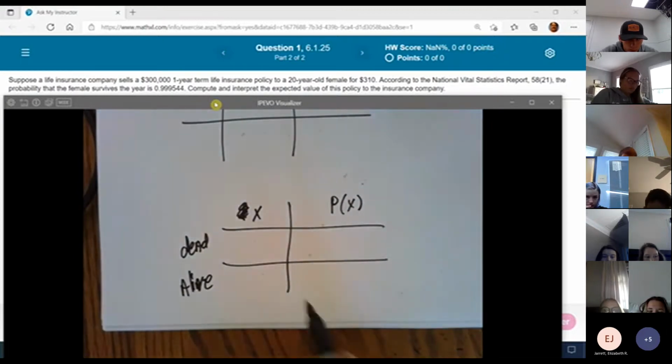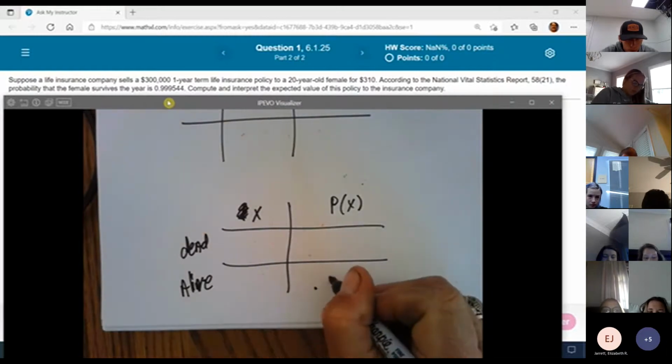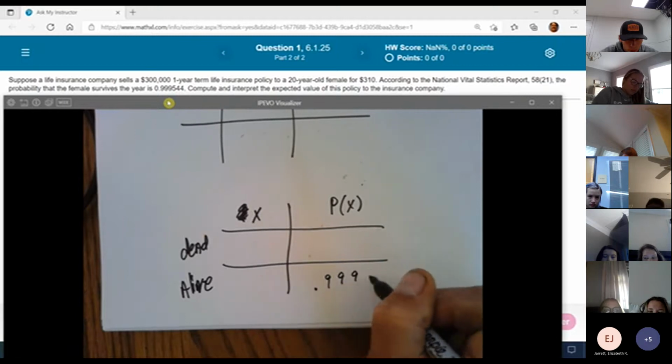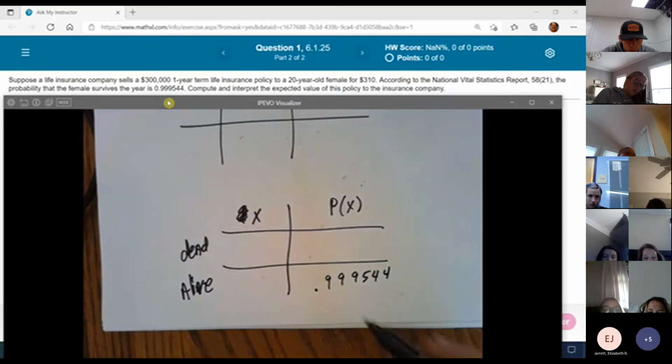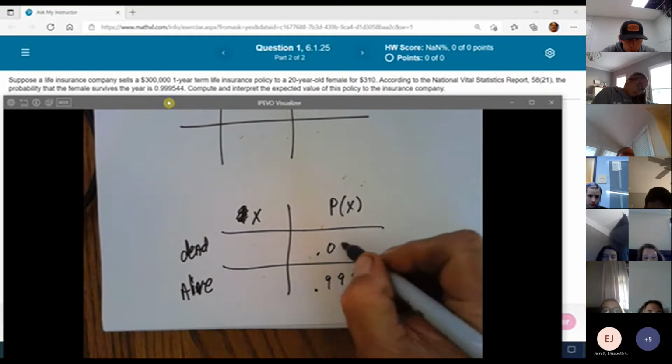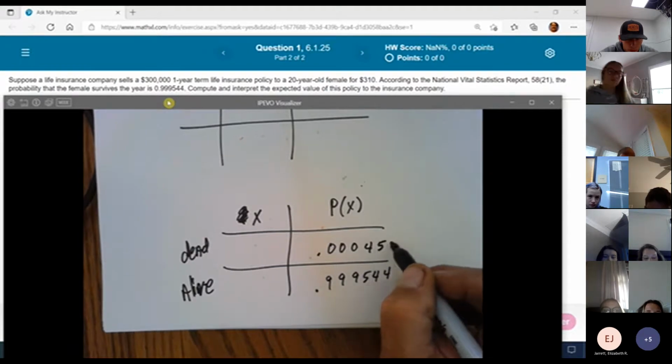All right, so what is the probability of being dead? Well, it's going to be the complement of that, because that's the probability of being alive. So 0.999544, and the complement is 0.000456.